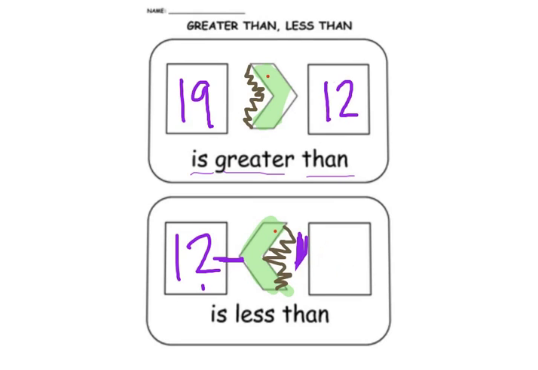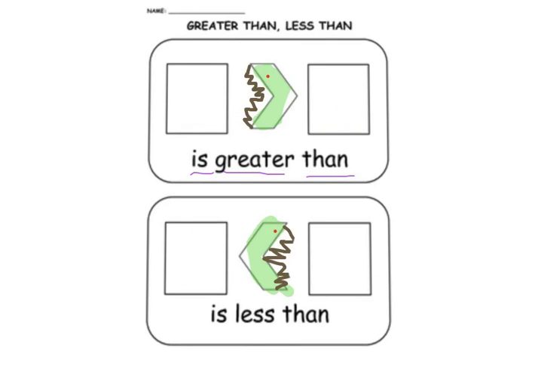All right, let's just do a couple more. And because we've done this in class, I think you have a pretty good idea about how that works. But again, we're just going to keep doing a little bit of practice. I could say 17 is greater than 8, which would mean that 8 is less than 17.